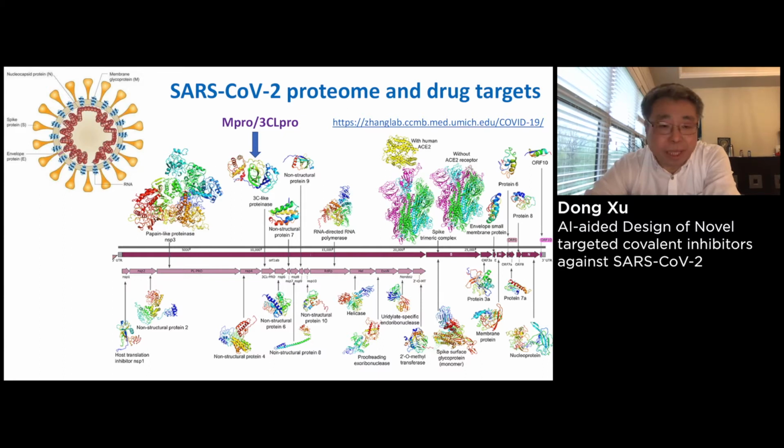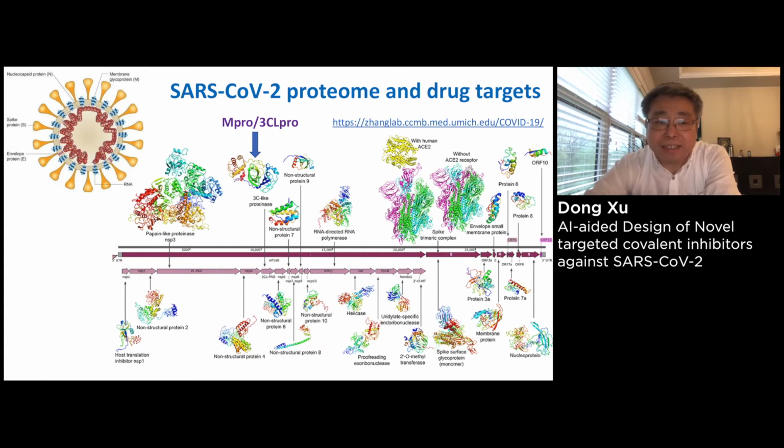Basically, the protein cuts long peptides into smaller proteins. In HIV, this is a key protein that the most successful HIV drugs target, so for this virus people also think this is the main target. This protein is also called the M protease, so we use M-Pro to represent it.